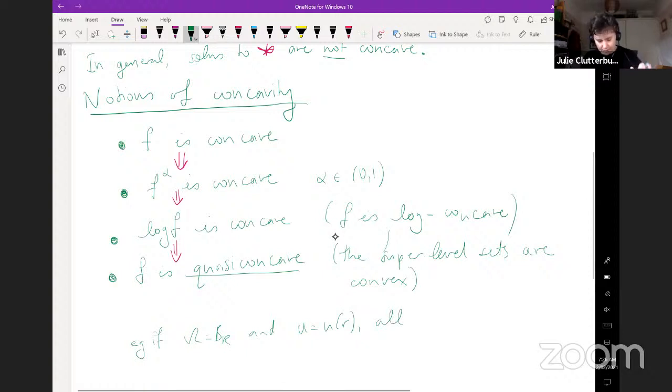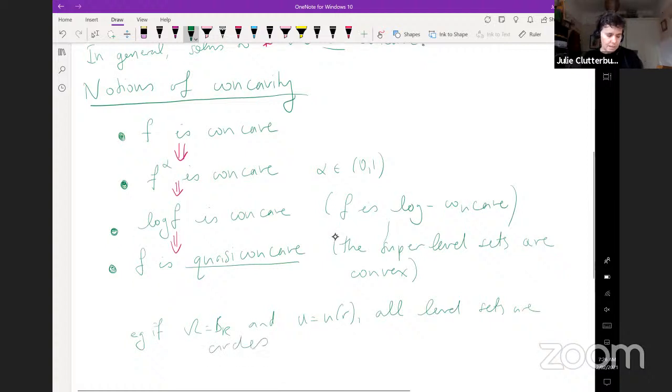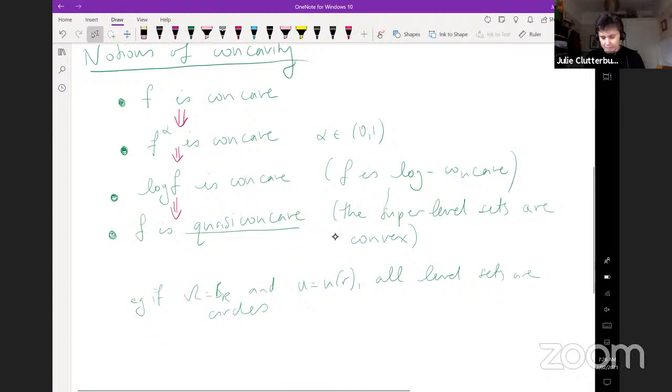Let's just think about two dimensions and say all the level sets are circles. But we could imagine that this might not actually be concave.